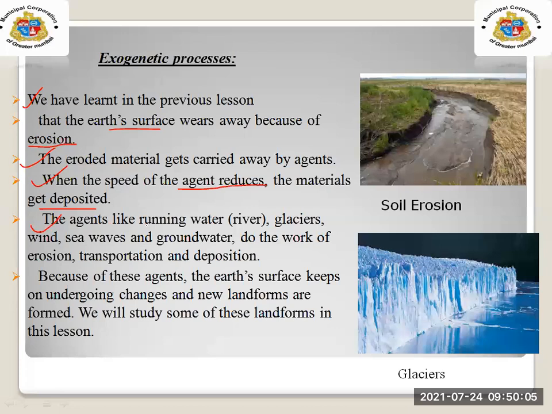The agents like running water, river, glaciers, wind, sea waves, groundwater do the work of erosion, transportation and deposition. Because of these agents, the Earth's surface keeps on undergoing changes and new landforms are formed. We will study some of these landforms in this lesson.